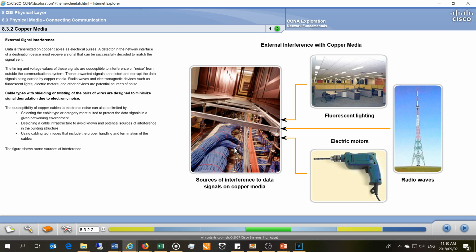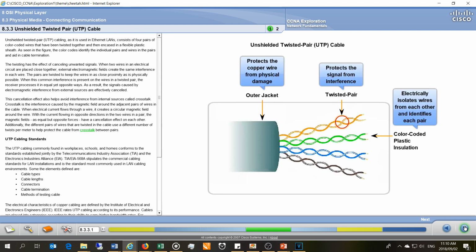But Cat5e is quite resilient in terms of interference. Cat5e and better has got quite a good noise reduction by the twisting of the pairs, and I think there is a diagram here. Yes, so because these cables are twisted, it does reduce some of the noise that could come from nearby cables.